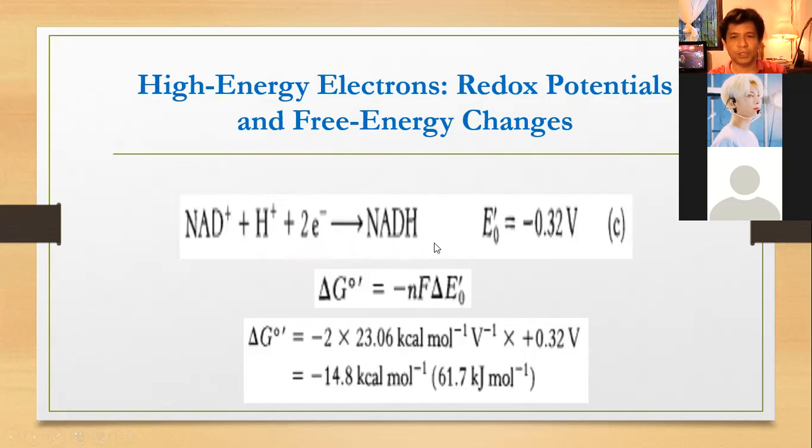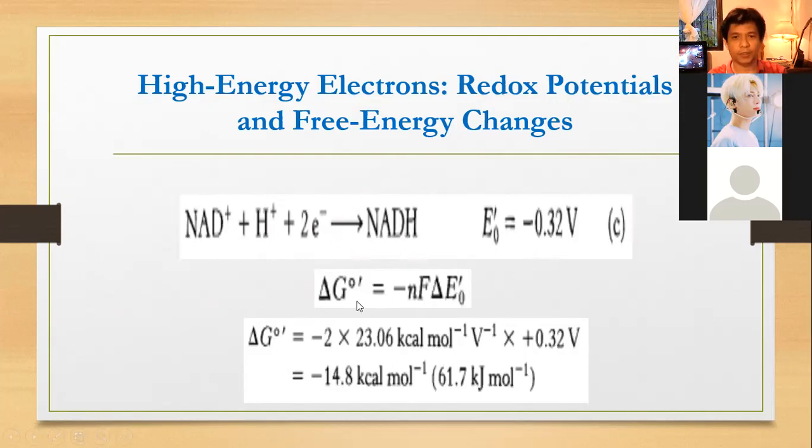So yung conversion nito, ang potential niya, yung voltage niya, is negative 0.32 volts. Of course, alam niyo naman na NADH is energy filled. So yung forward reaction na to is non-spontaneous, kaya nga negative yung kanyang voltage. Pero yung reverse, positive, no? It's spontaneous. So yung conversion ng NADH to NAD+ is spontaneous. Actually, yung kanyang potential is negative 0.32.